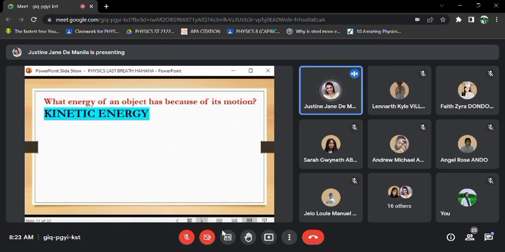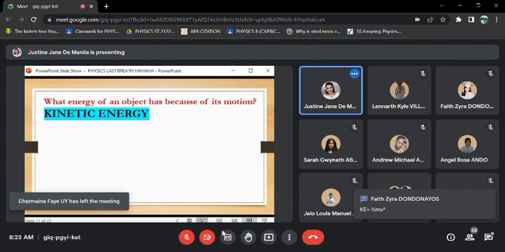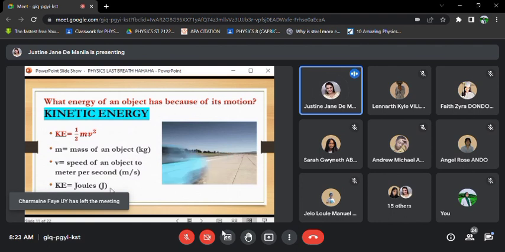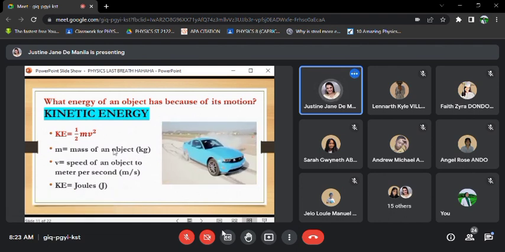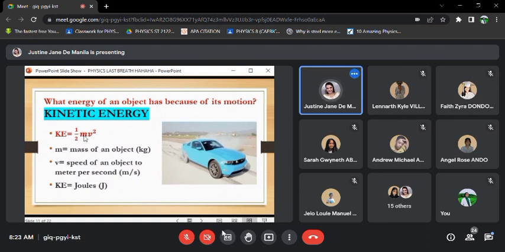You can unmute your microphone or type your answer in the chat box. Okay. Very good, Leonard and Faith. So, to solve for the kinetic energy, we use the formula KE equals 1/2 mv squared.